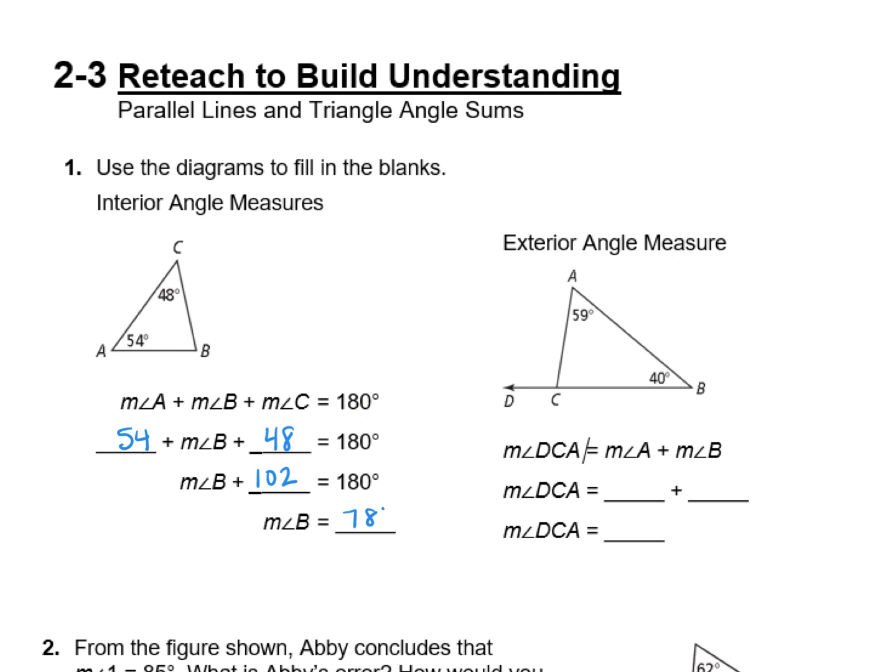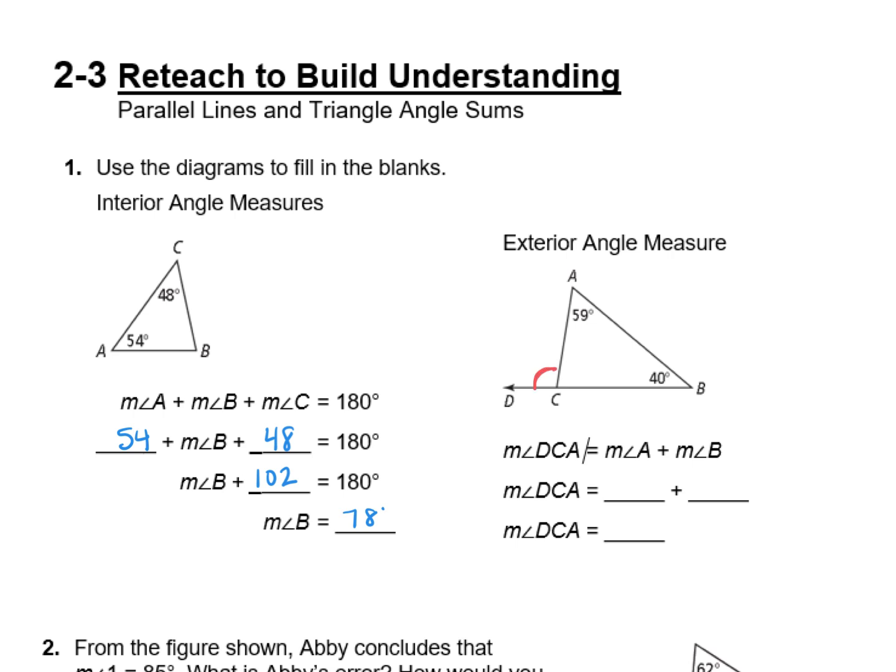We also learned about the exterior angle measure. So here, the exterior angle theorem, I think it was called, the measure of angle DCA. So let's make sure we understand where that is, D to C to A. We are looking at this angle right here.